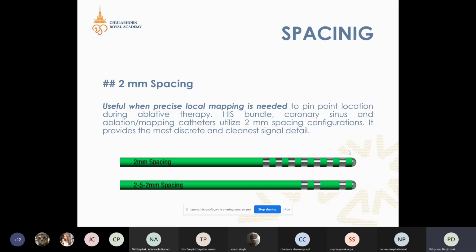If it's quite difficult to find the His bundle signal, the 2 millimeter spacing catheter will be useful for this kind of situation. The coronary sinus and ablation mapping catheters utilize 2 millimeter spacing configurations in real cases, so it provides the most discrete and cleanest signal detail.